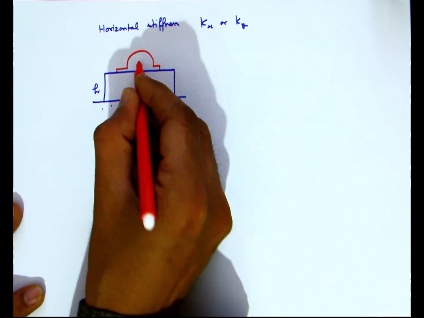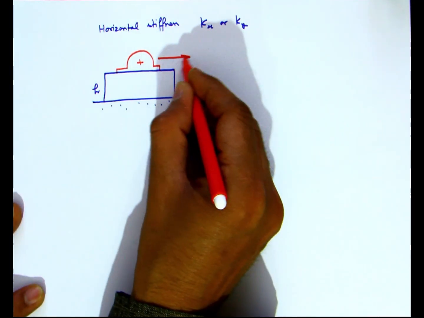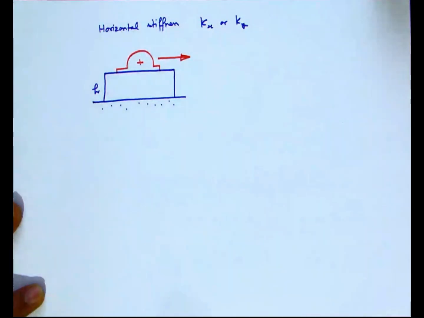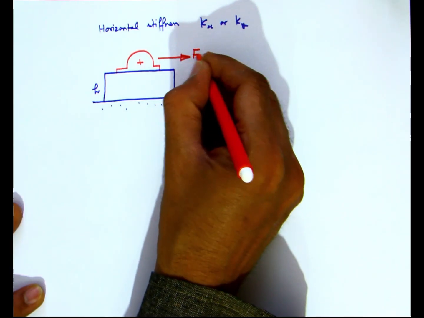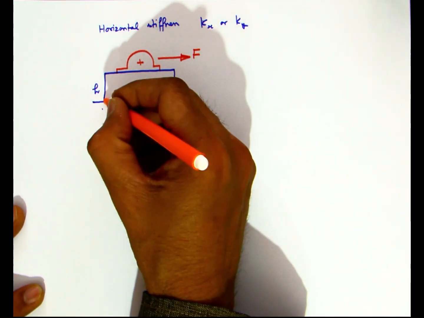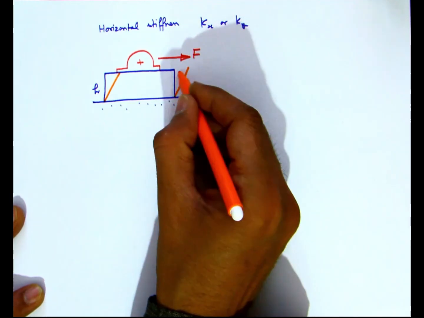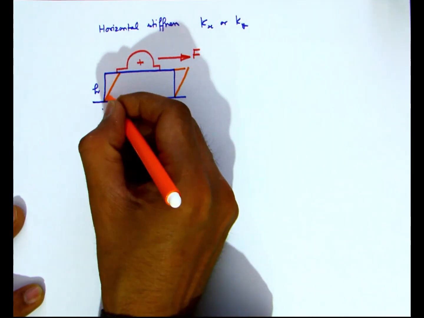Let us consider the machine resting on an elastic pad of thickness h and plan area A, and let it be exerting a force in the horizontal direction as shown. Under horizontal force, the elastic pad will undergo shear deformation as shown here.